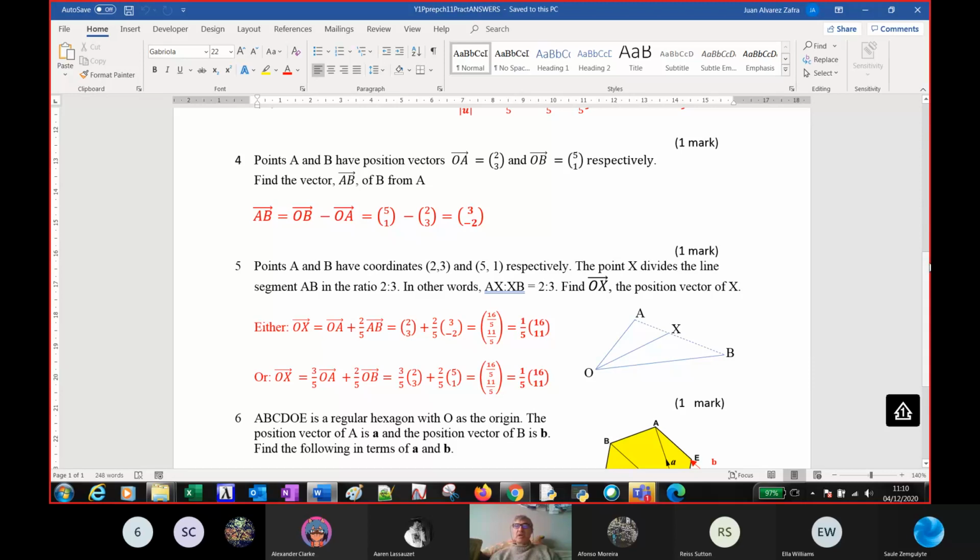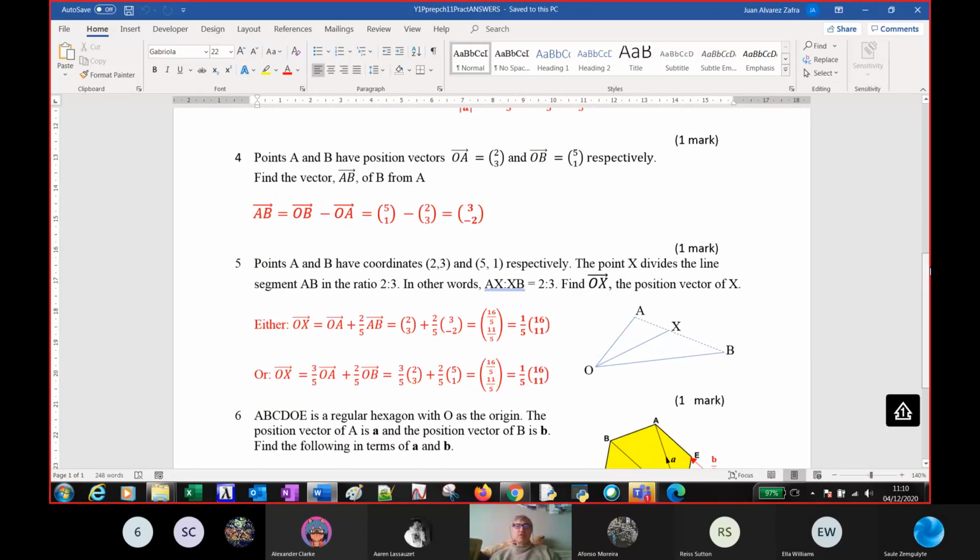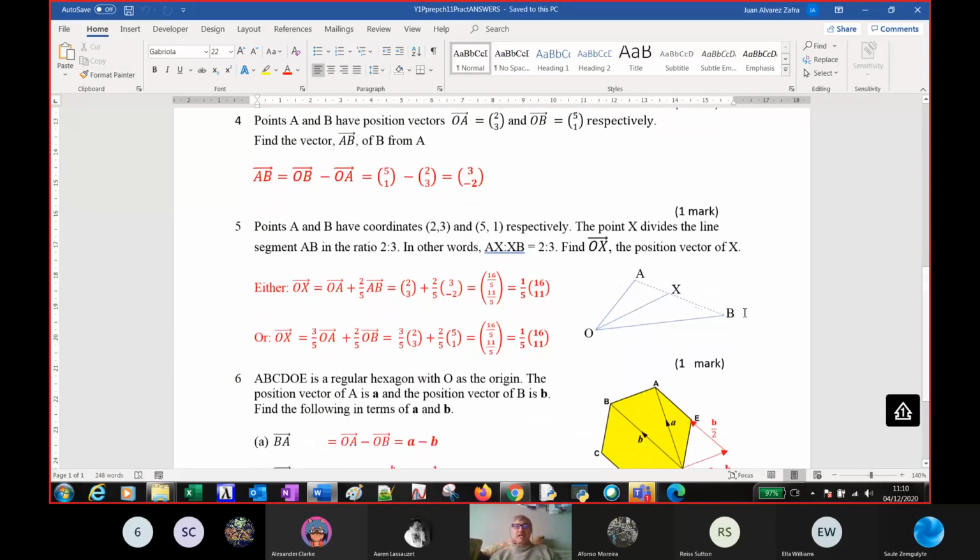If I use the diagram in the question below, I'll try to explain why. If OA is the vector that takes us from O to A, so imagine an arrow on this line going from O to A, and OB is the vector from O to B, imagine an arrow from O to B, we want to go from A to B. So going from A to B is the same as going from A to O, and then from O to B. In doing that, we're traveling along the vector OA, but backwards.